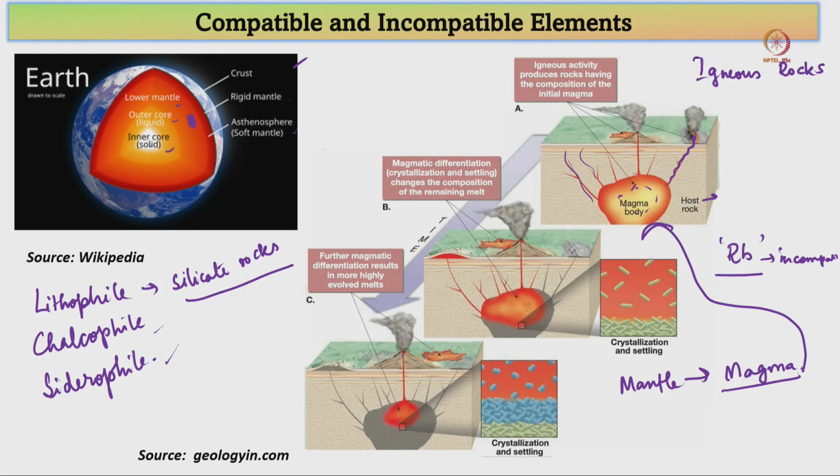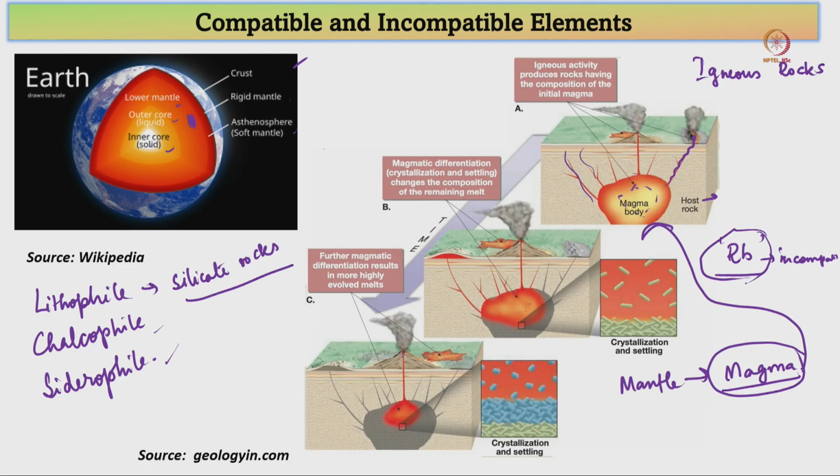My rubidium is an incompatible element. This rubidium will prefer to be in the magma and it will get in the magma chamber, and as the crystals are forming they will be having higher rubidium.